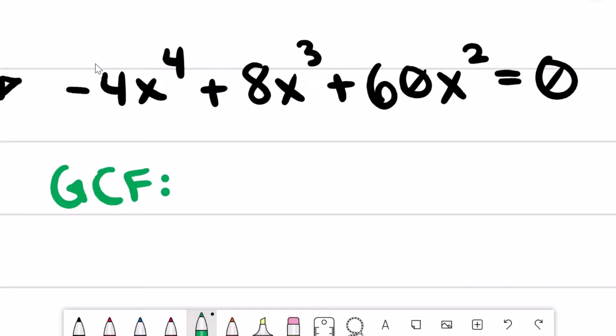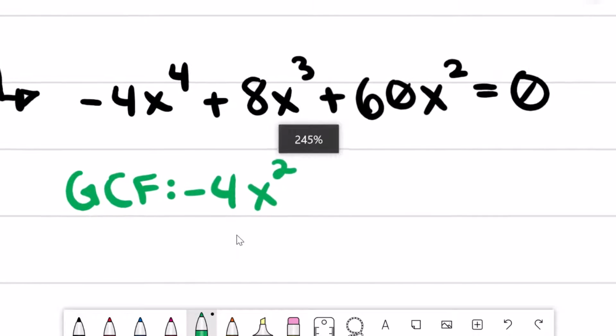And when you're factoring, you want to see if you can get rid of that negative symbol in front of the leading coefficient of your highest degree, because it's going to make your life much easier as you progress through the problem. So I'm going to factor out that negative, and I also know that I can factor a 4 out of all the terms, and I can also factor an x squared. So that's going to be my GCF for this problem.